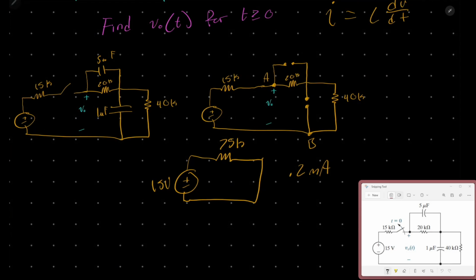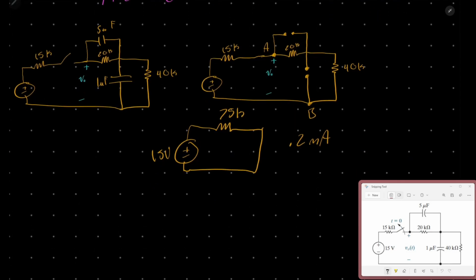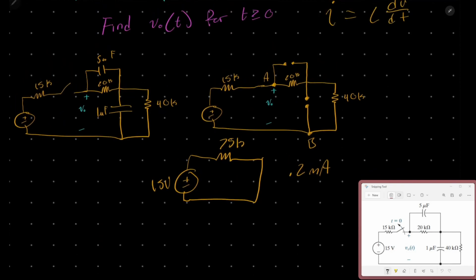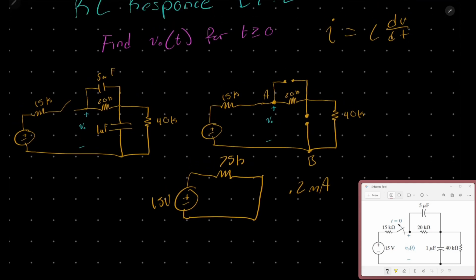Okay, now that we know the current, we can get the voltage. So since these resistors are in parallel with these capacitors, we know that the voltage will be the same, because voltage in parallel is the same for devices.